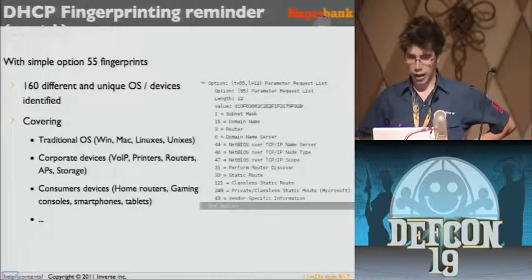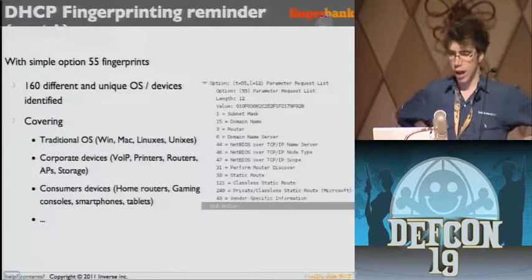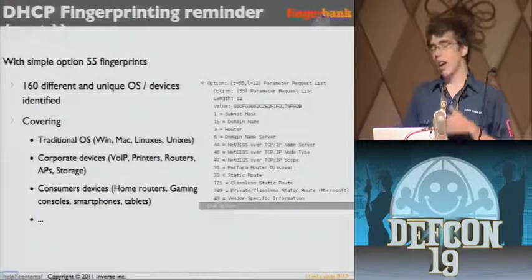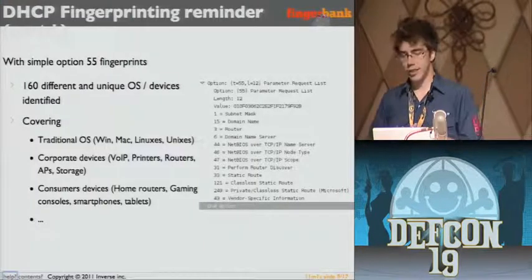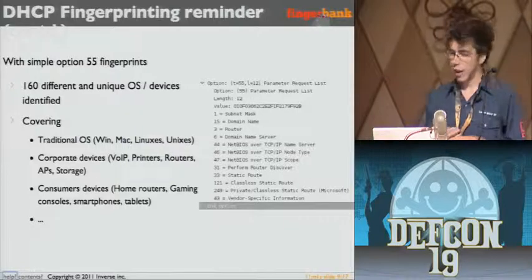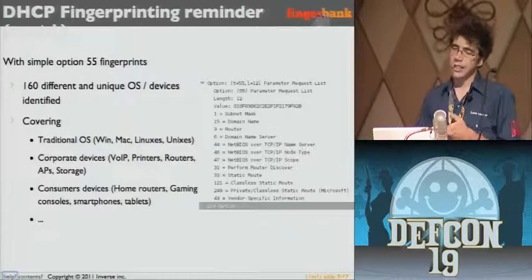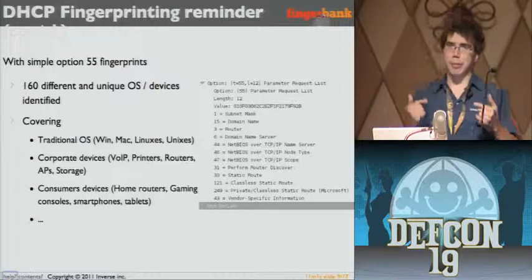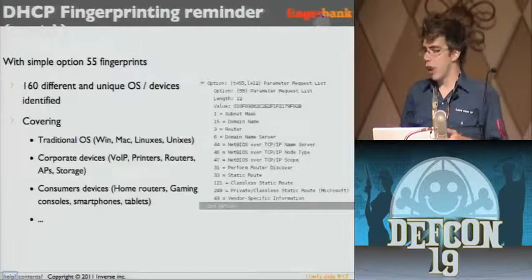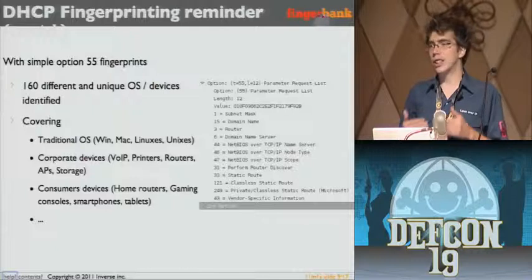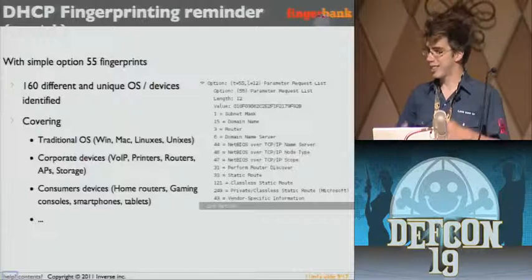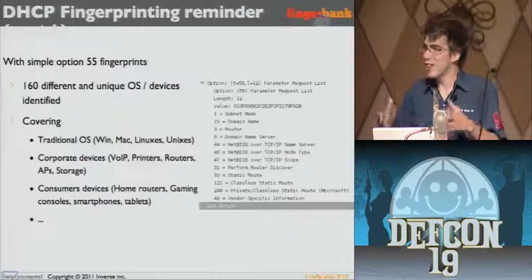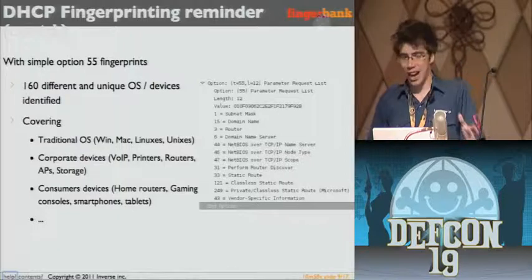So I say OS/devices, and this includes a lot of scary stuff. You've got the Fluke devices, you've got switches, and when I saw that, I asked myself, who the hell runs DHCP on switches? Shouldn't it all be fixed IPs? But anyway, we got them.